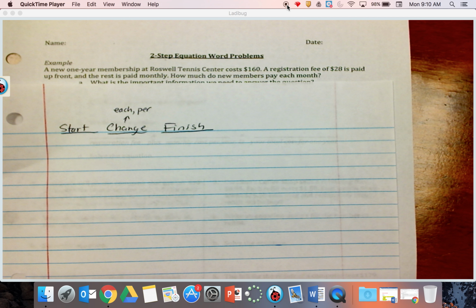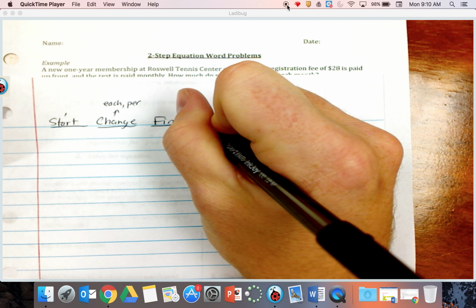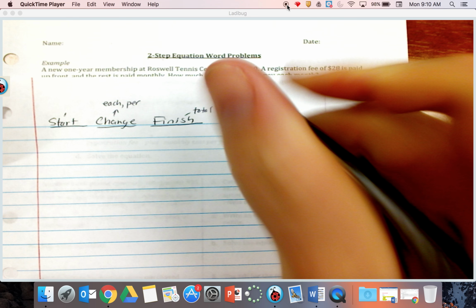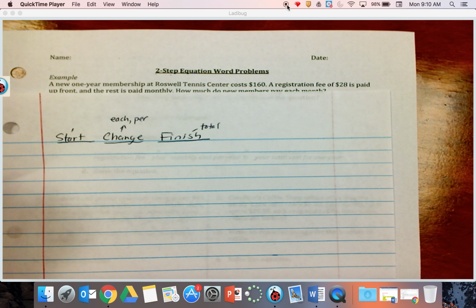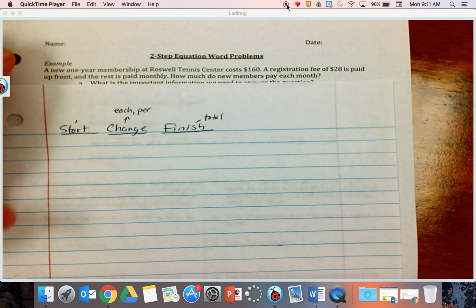Those are going to tell me where my change is, or things that are increasing by how many things I'm buying. My start is my starting value, and the finish is my total. So if I set those things up by highlighting and finding the information in here, I can solve.